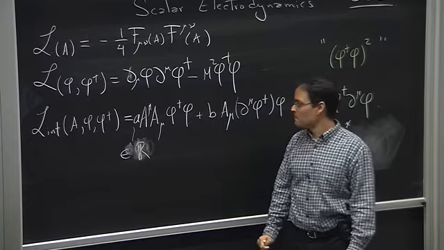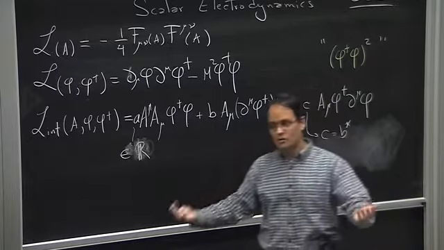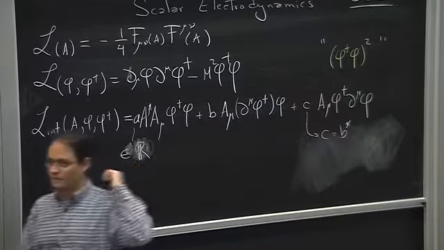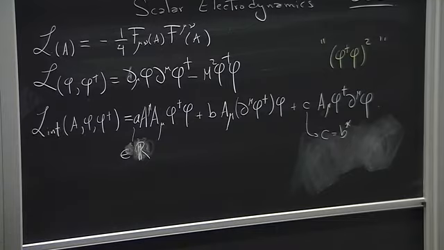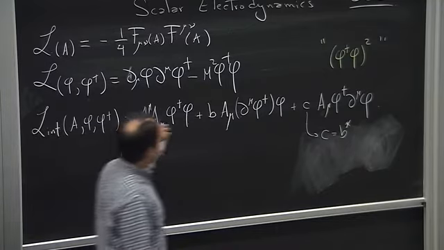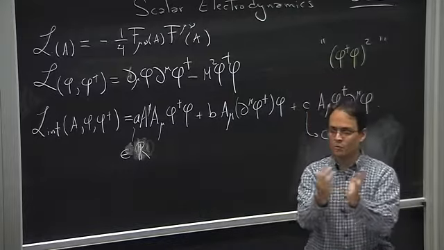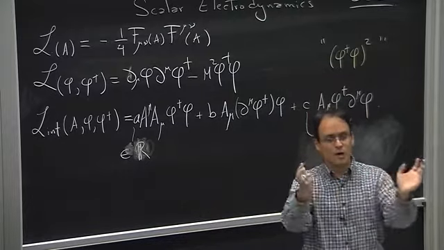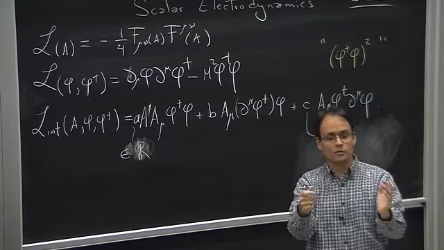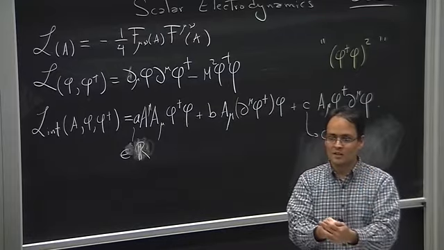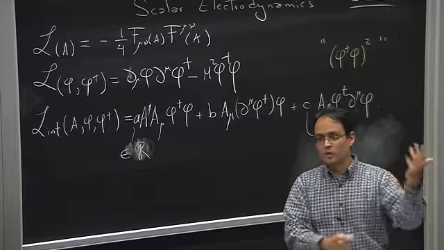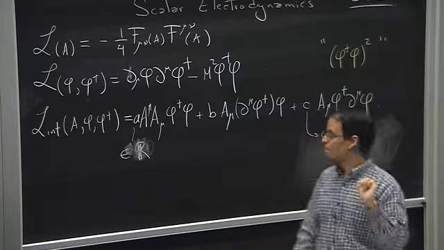Okay? Now, a vector field has too many degrees of freedom, as we discussed yesterday. In general, it has 4 degrees of freedom. So we know the physical reason why we had to impose gauge invariance is that we need 2 of those degrees of freedom to be redundant.